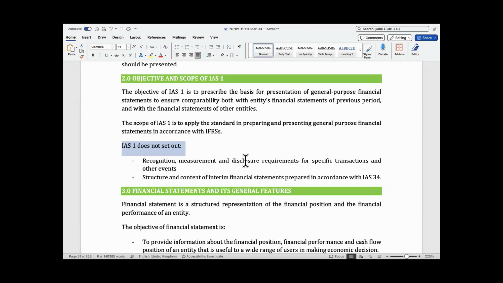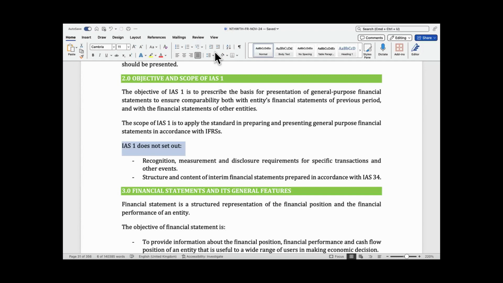Taxation, both current tax and deferred tax, is a transaction. So IAS 12 deals with recognition, measurement, and disclosure of income tax. IAS 1 is different from that. It doesn't deal with specific transactions. What IAS 1 wants to do for us is just to show us how we present a financial statement.